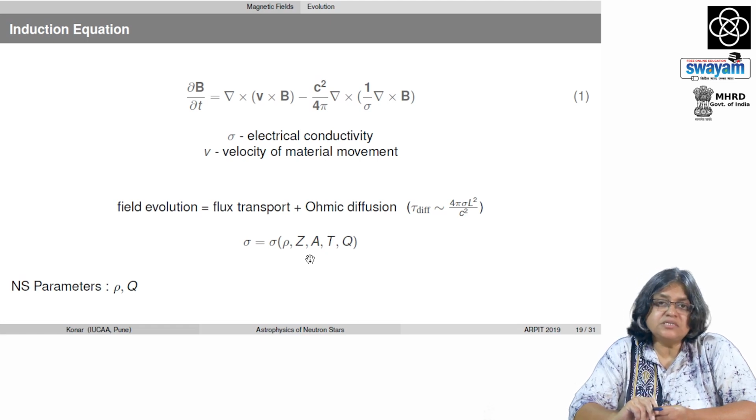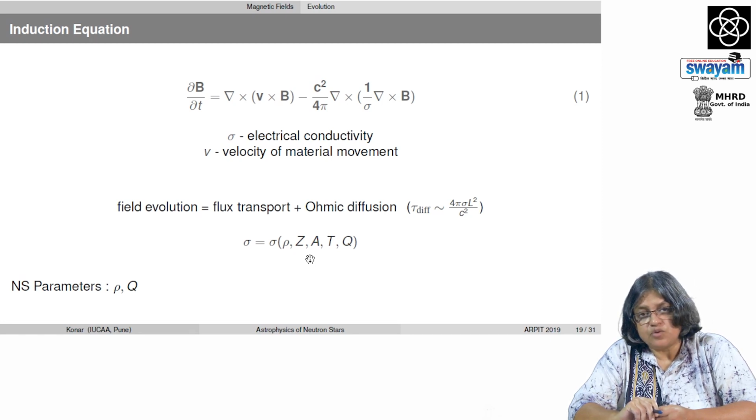With increasing temperature, there is possibility of larger number of collisions amongst the charge carriers, that is the electrons, and therefore, at higher temperature electrical conductivity decreases, and it also depends on the impurity coefficient, as we have seen before.